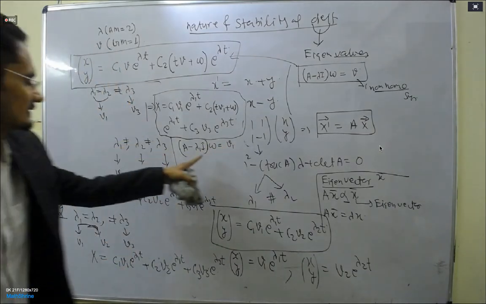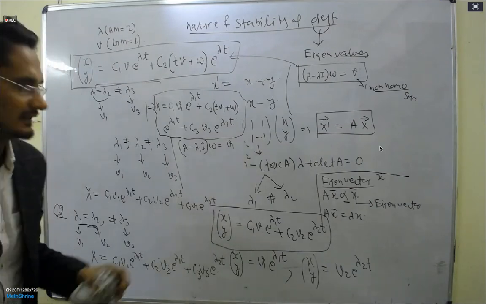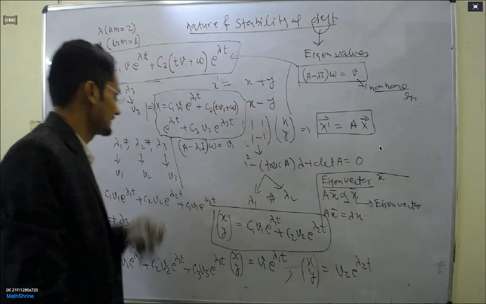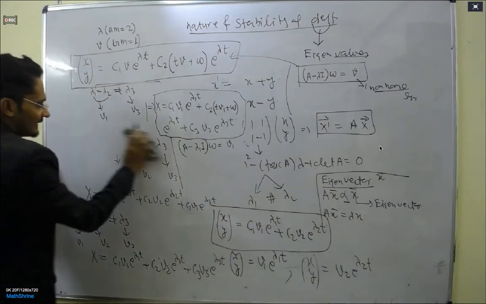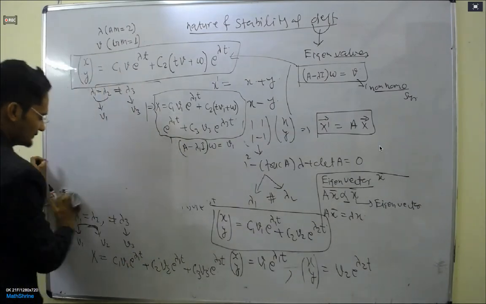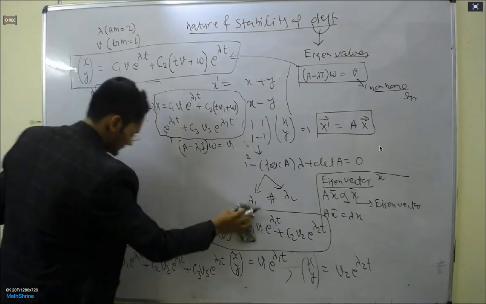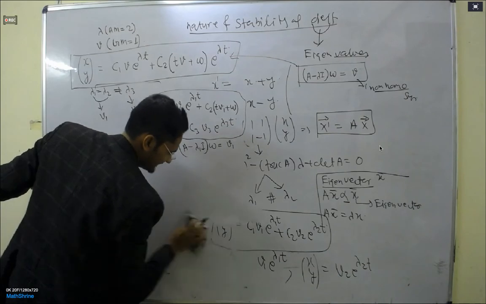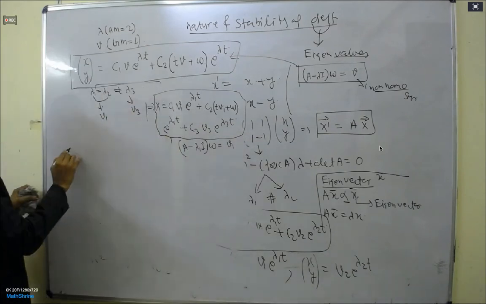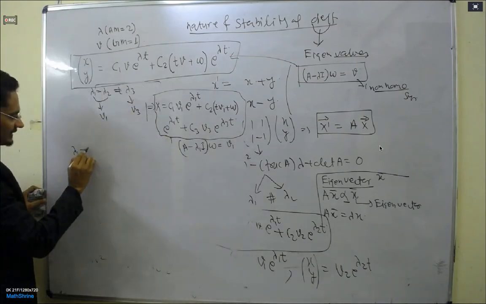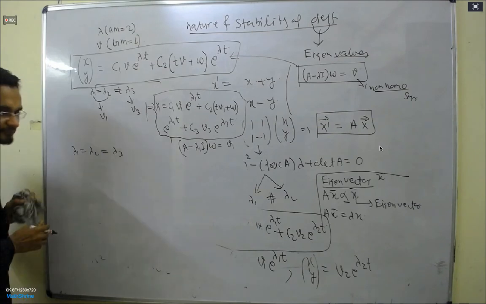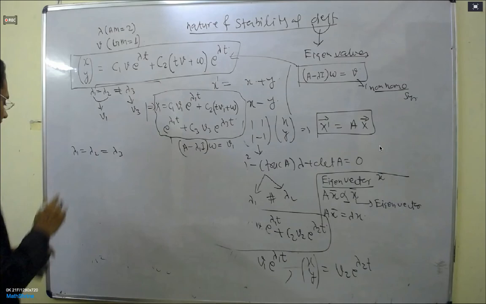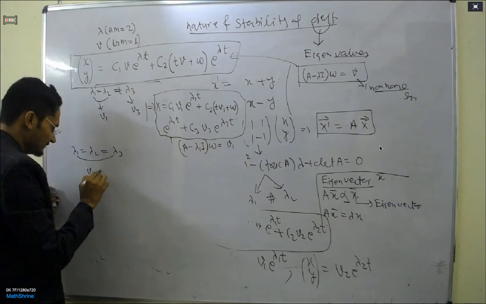Then your answer will be x equals c1 v1 e power lambda 1t plus c2 v2 e power lambda 1t plus c3 v3 e power lambda 1t. If all eigenvalues are the same but we have three eigenvectors, meaning that AM is 3, but GM is simply 1, 1, 1.